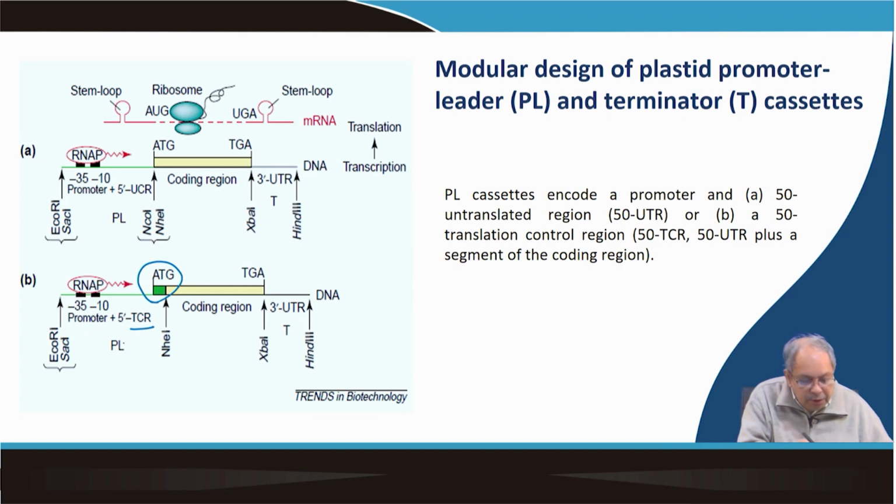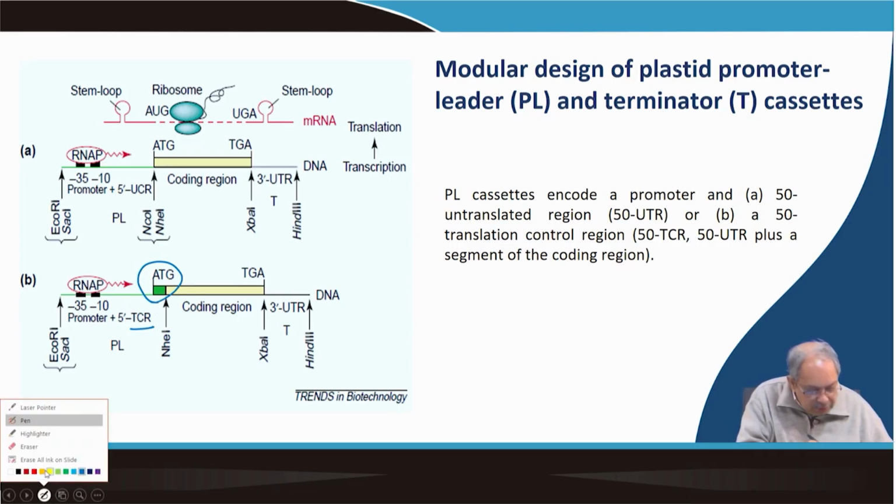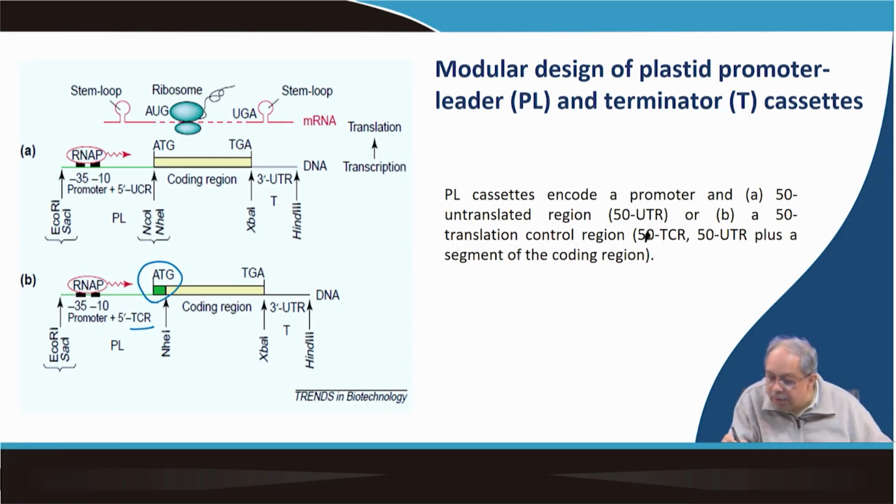So, the TCR means that here you have the promoter plus the 5 prime UTR, and in addition to that you have a translation control region. There is a copy-paste pattern.